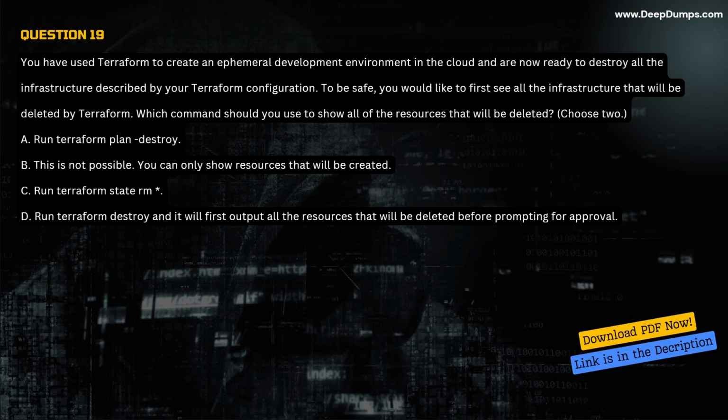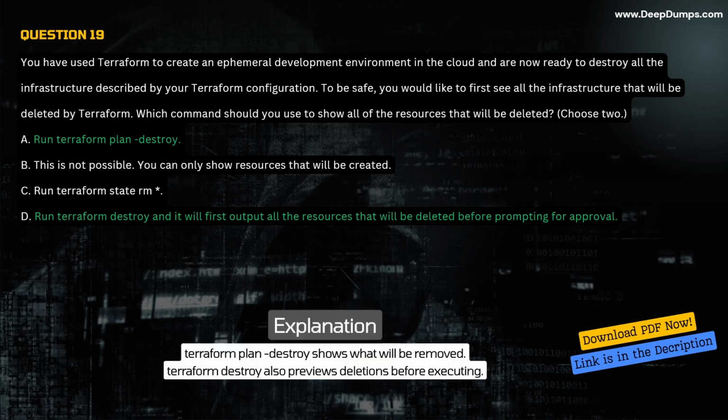C. Run terraform state rm. D. Run terraform destroy and it will first output all the resources that will be deleted before prompting for approval. Correct answer, A and D. Explanation: Terraform plan -destroy shows what will be removed. Terraform destroy also previews deletions before executing.